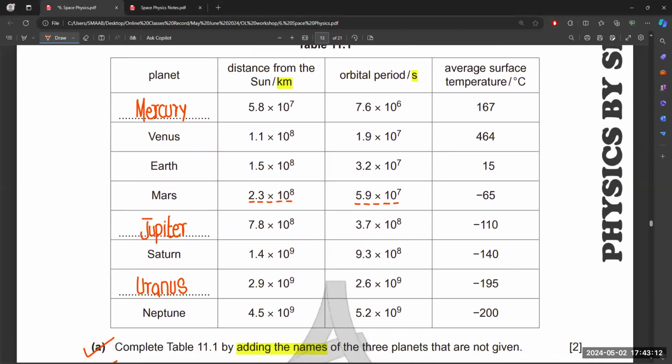And one more thing, as you observe in the table, Venus is hotter than Mercury. So the temperature of Venus is greater than Mercury. This is a difference in the temperature as compared to the normal sequence of the table.